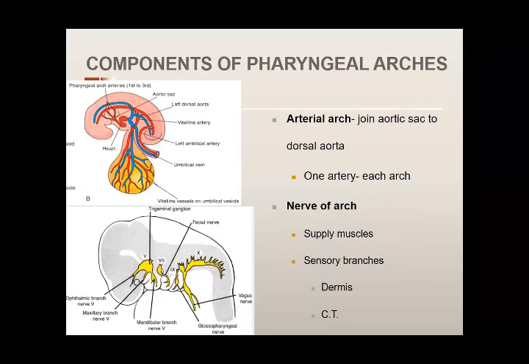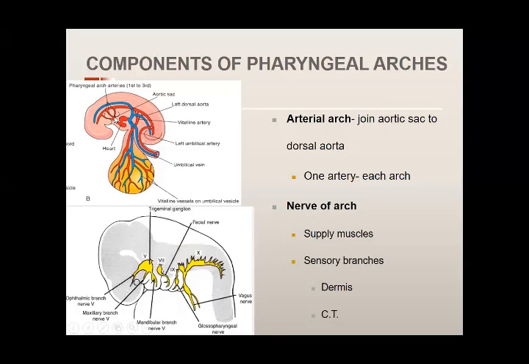अब आ जाते हैं arterial component. Arterial component उसका जो है, sorry, artery of the pharyngeal arch. So pharyngeal arch artery जो है, that joins two structures. ये आपकी arteries of the pharyngeal arches है.